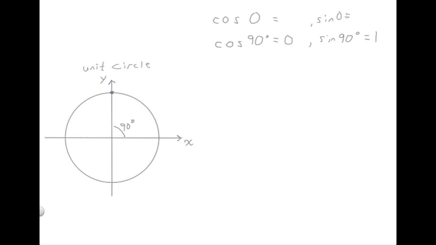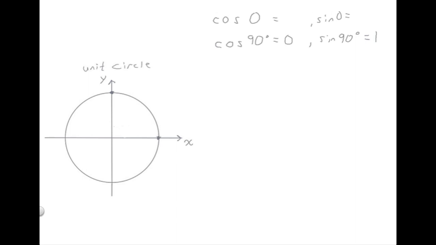Pause the video and figure these out. Well, can you find 0 degrees? The angle is supposed to be measured relative to the x-axis. So if we're at an angle of 0, doesn't that mean that we're on top of the x-axis? So this is the point that's at an angle of 0 with the x-axis. At an angle of 0 with the x-axis is just a nerdy way of saying that it's right on the x-axis.